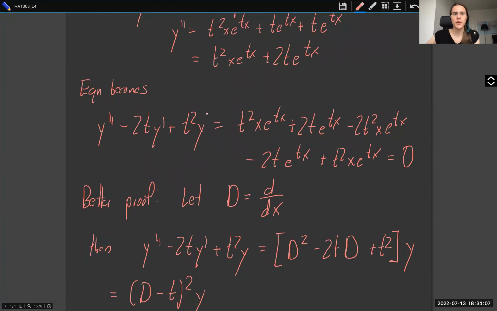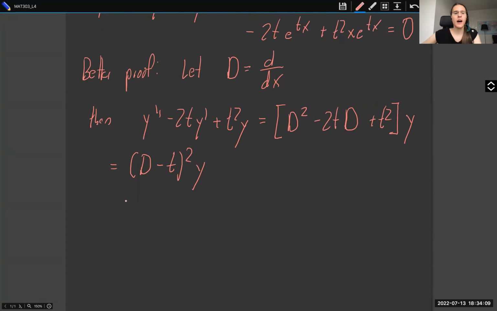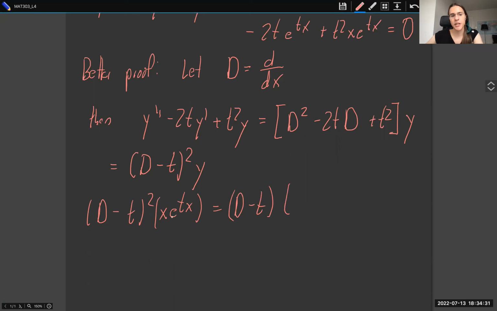So this calculation, we had to differentiate a bunch and it was boring. Let's look at D minus t, squared, of x e to the t x. First off, that's D minus t, and then let's apply one copy of it. When we differentiate this expression, we get e to the t x plus t x e to the t x, right? And then we subtract t times x e to the t x.